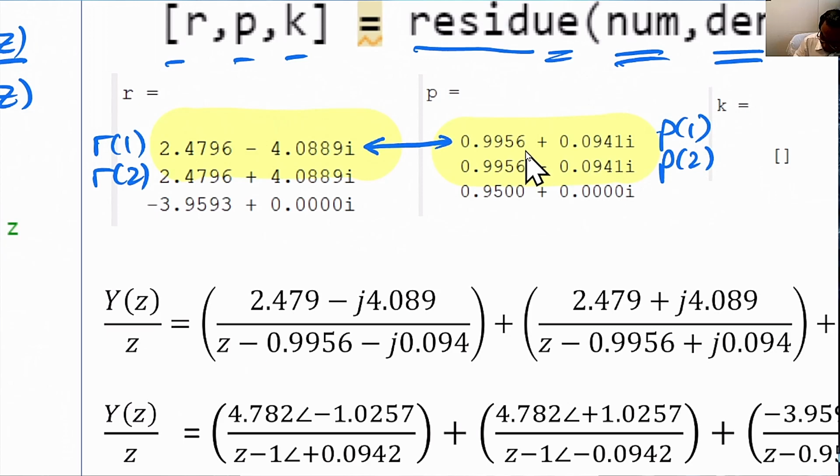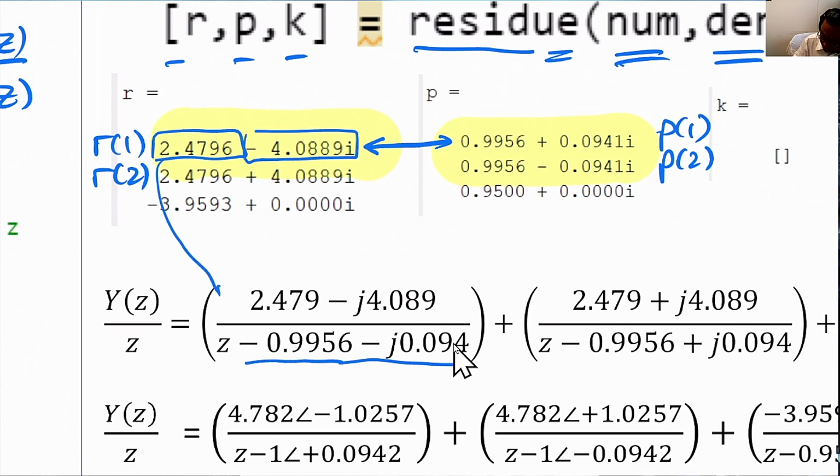So we put the pole here. The pole is 0.9956, so of course it's z minus 0.9956. This is positive, it got a minus. Don't get yourself confused, because this is z equals, then we have the whole negative values of this. So it's 0.9956 plus 0.094. Correspondingly, we'll put this value here as well as this value here.